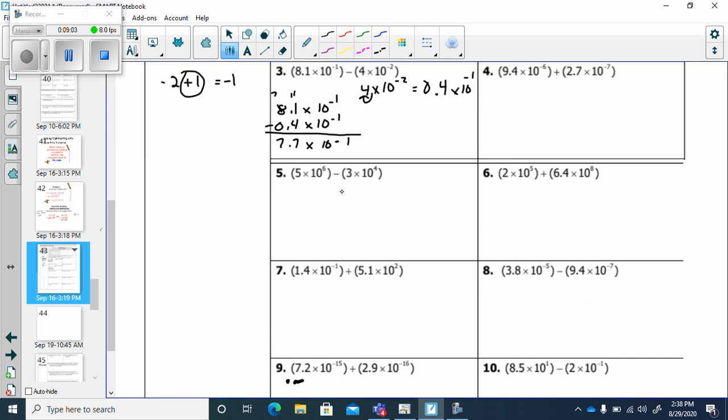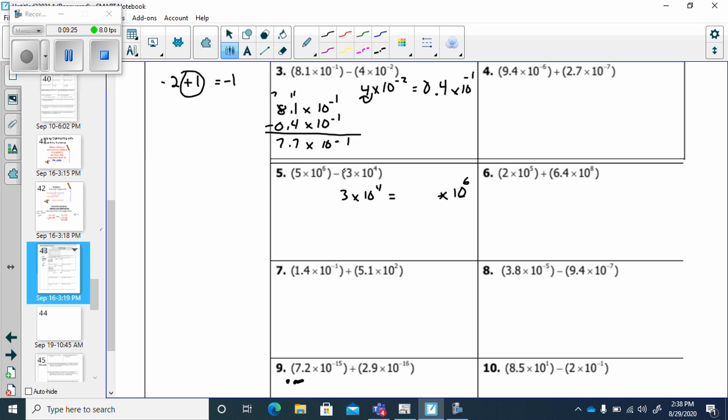Let's look at number 5 here. We're also subtracting. Now we've got 6 and we've got 4. Here's our smaller one on the exponent. Let's convert it. 3 times 10 to the 4th. I want this to be something times 10 to the 6th.